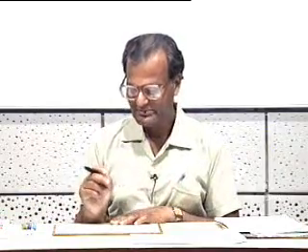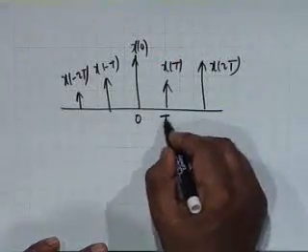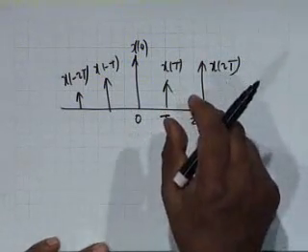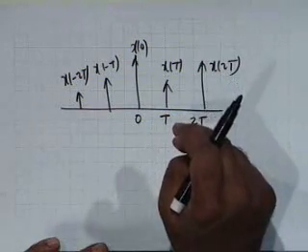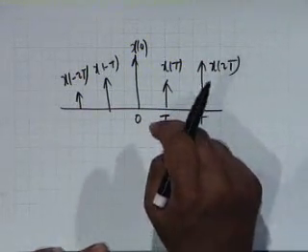Well, the sampling theorem says that if the sampling frequency or the sampling interval has been chosen with due regard to the highest frequency content, then the reconstructed signal should be unique. In other words, you don't lose any information.